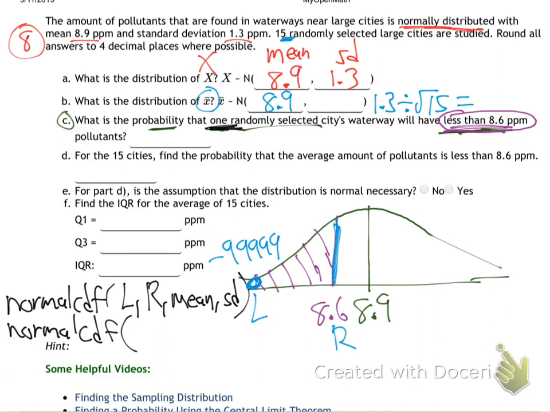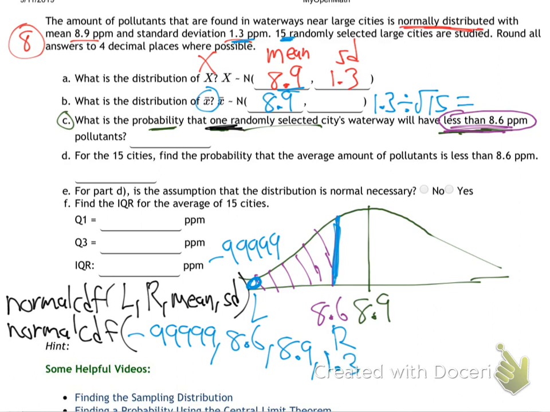Is that good? That's why I did this one, because it did this unique thing where the shading went left forever. So that's the negative 9. So that's the left edge, negative a bunch of 9s. The right edge is the 8.6 right here. The mean is 8.9. The standard deviation is 1.3.